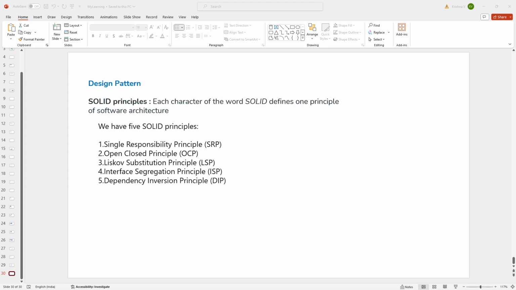Dependency injection is the actual implementation, but dependency inversion is the principle. Anyway, I'm going to give a clear, detailed session on this with some code examples. Thank you for now.